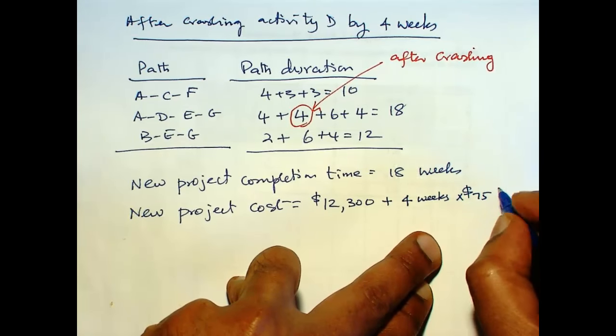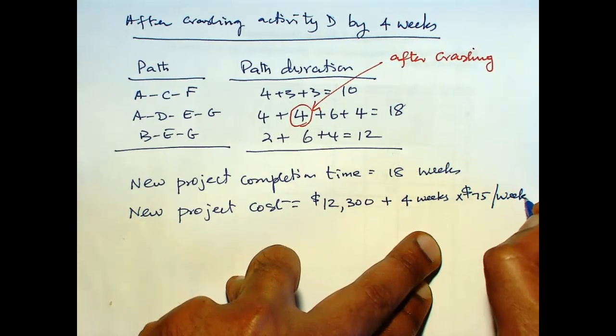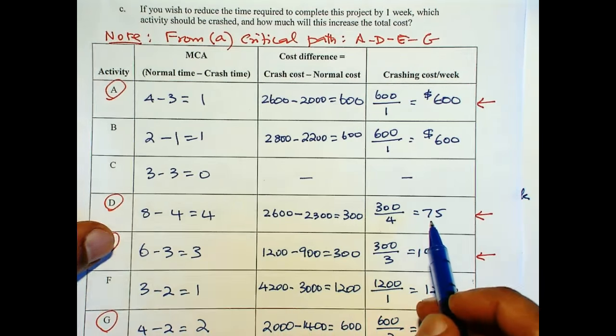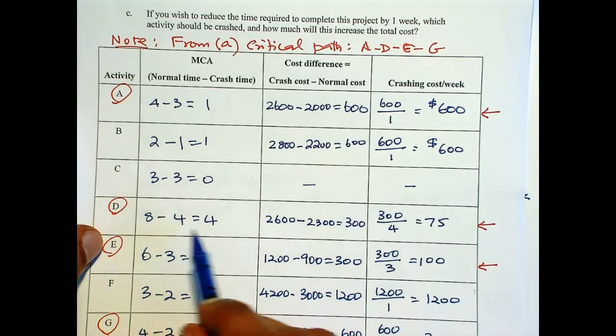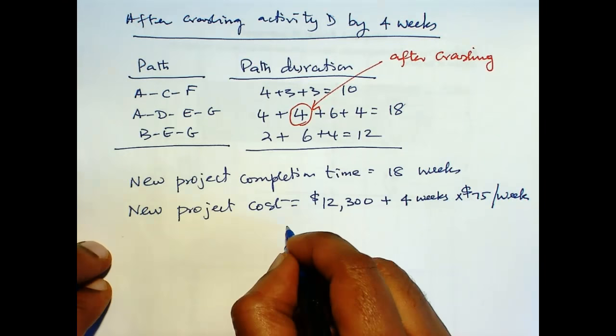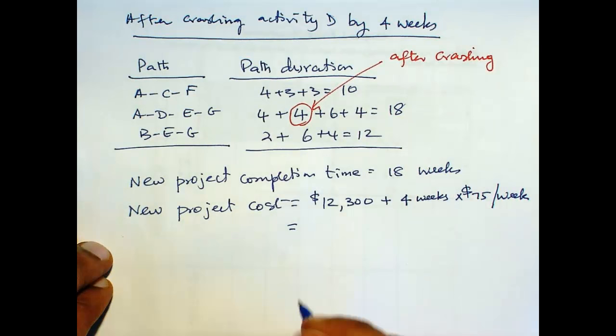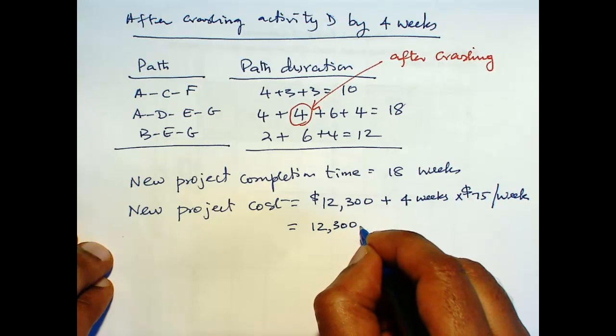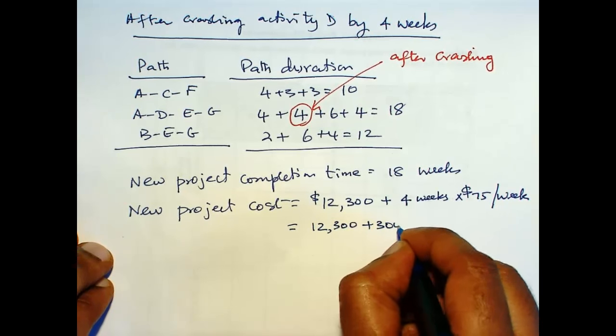We calculated that in the previous page. So D, cost of crashing per week is 75. So that is equal to 12,300 plus 300 is 12,600.